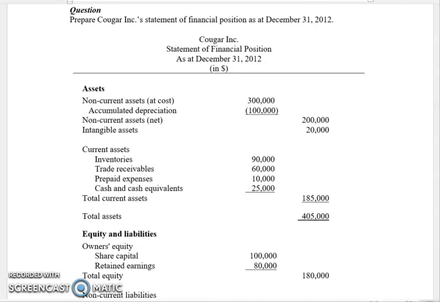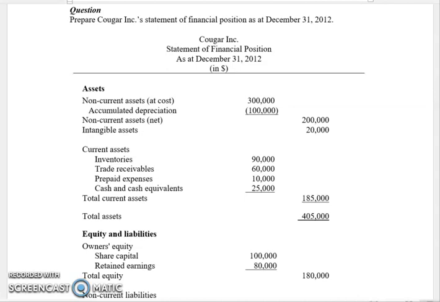If we haven't used the whole policy, then it still has value. So if there's, say, 9 months left on our insurance policy and it's completely paid up, then the prepaid insurance that would go on our statement of financial position would be that 9 months left.